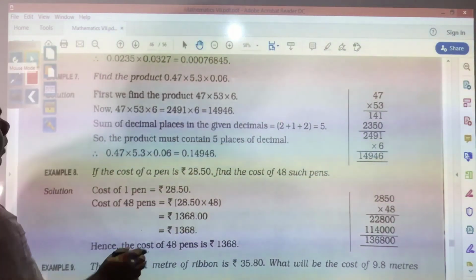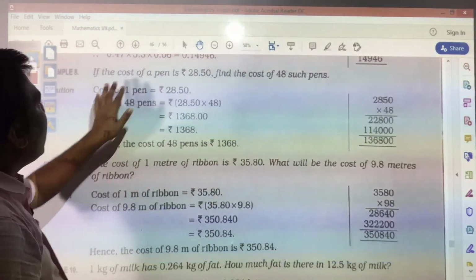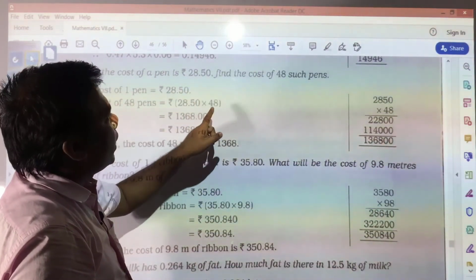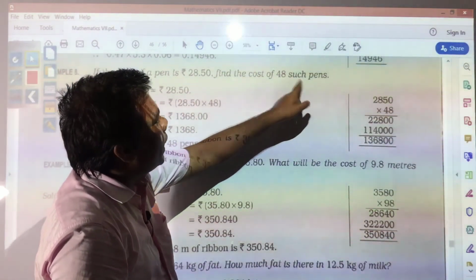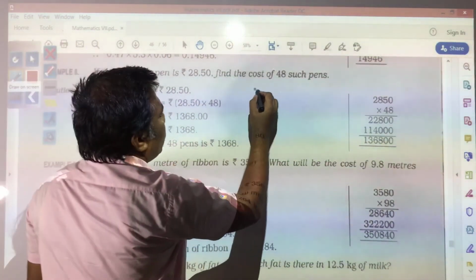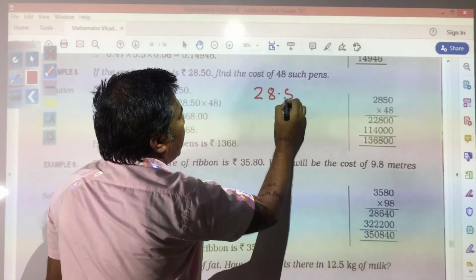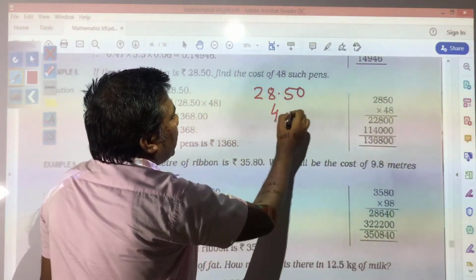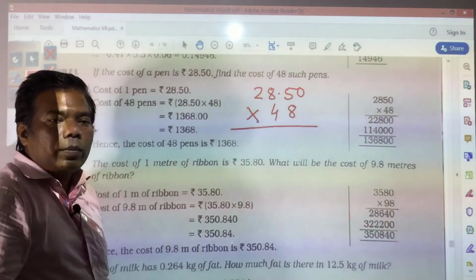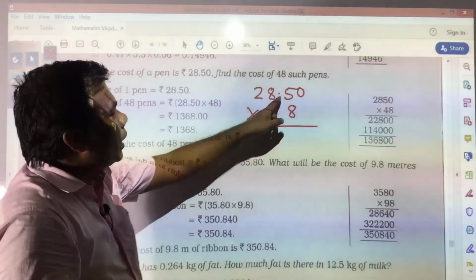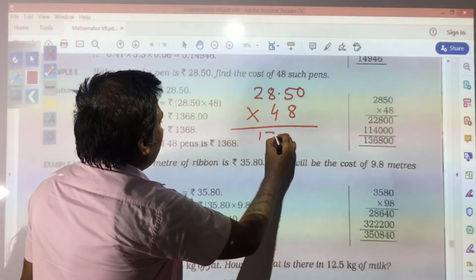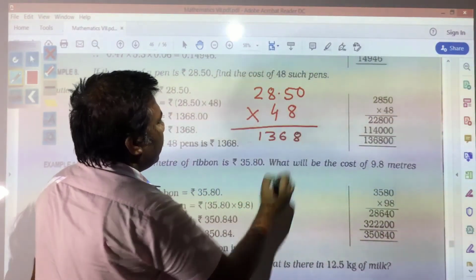Next example you see: if the cost of a pen is 28 rupees 50 paisa, find the cost of 48 such pens. So, one pen costs 28 rupees 50 paisa. So, for 48 pens how much money do you need to pay? This is required to be multiplied. So, without the decimal you just multiply. Suppose you have got after multiplication 1368.